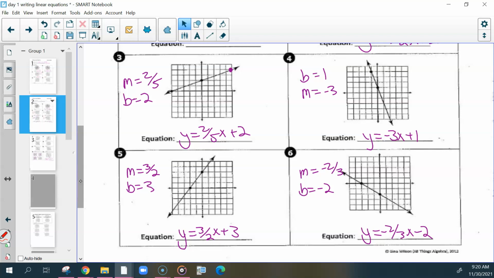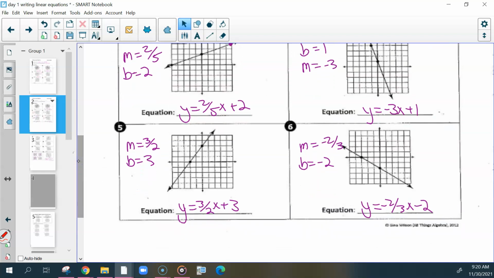Number 6, slope was -2/3. Y-intercept was -2, so your equation was y equals -2/3x minus 2. Questions on those 3? Y'all get those right? Anyone still need those before we go on to the next ones?